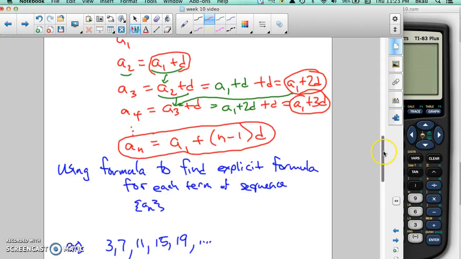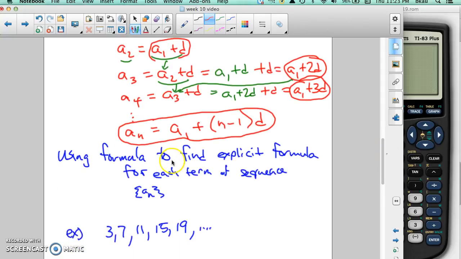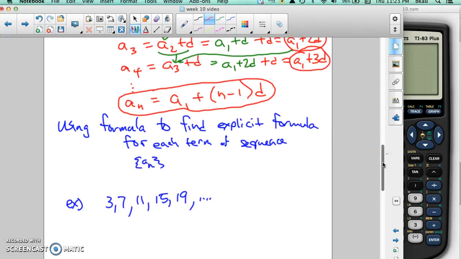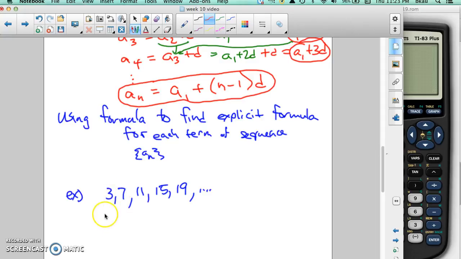Alright, now let's use this to help us find an explicit formula. I'm going to use this formula right here to help us find this. Now these are the 2 examples that I had above. This one, remember the common difference was 4 each time. So that means D equals 4. Now A1 here is going to be 3.